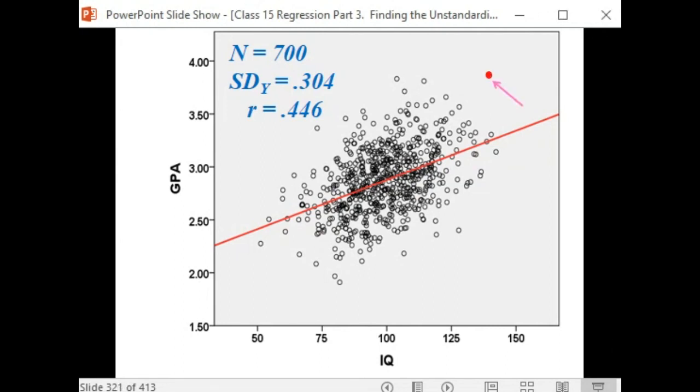So we're going to begin by focusing on this student who's represented by a red dot in the upper right corner of the scatter plot. You can see the arrow at the dot. The vertical line helps us to see this student's score on the x-axis. So take a second. What is the approximate IQ of this student?